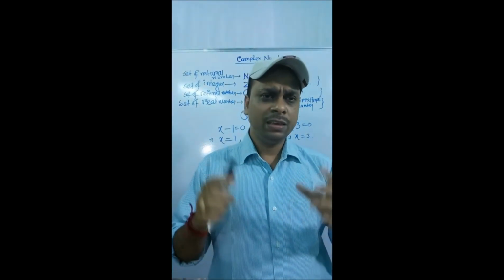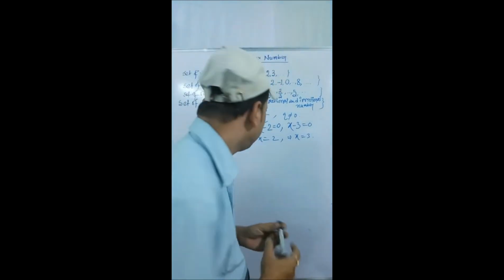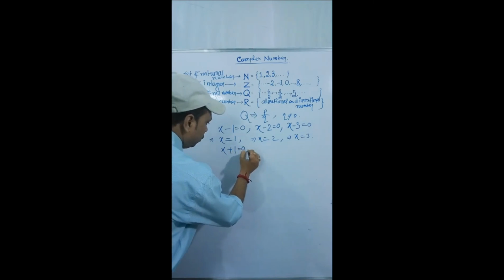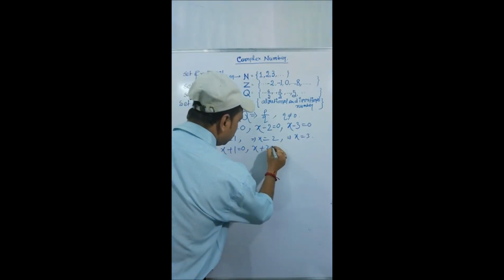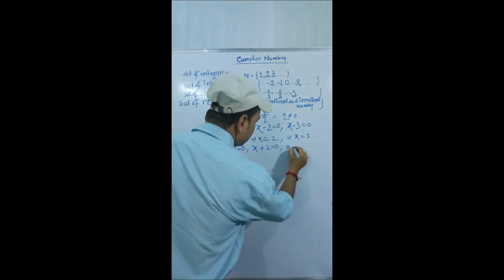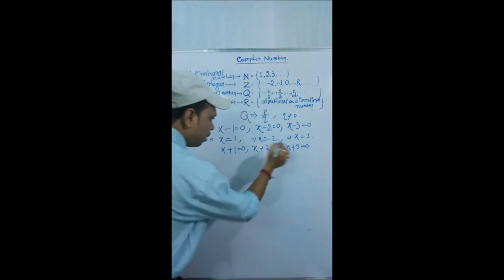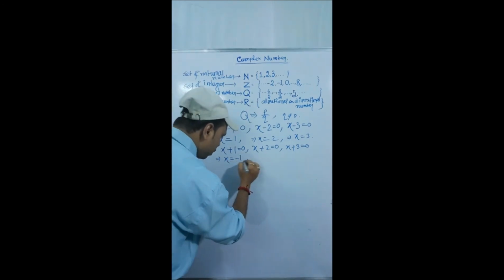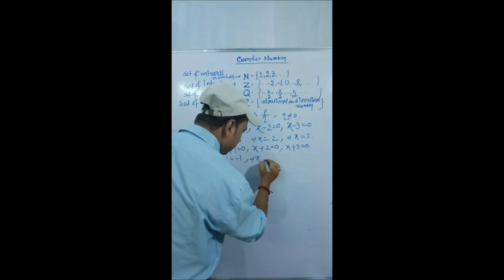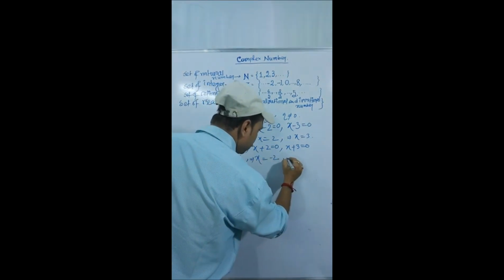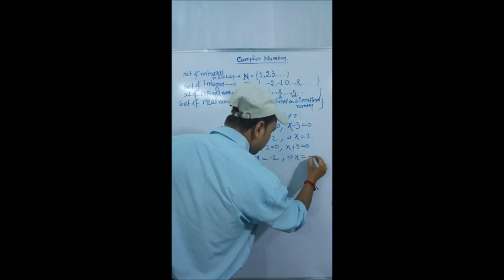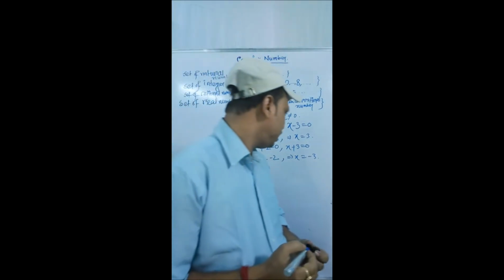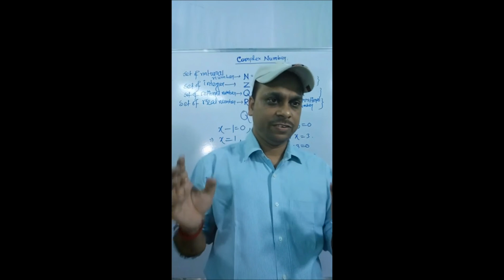Again, when the equations are written as x plus 1 equals 0, x plus 2 equals 0, x plus 3 equals 0, solving them we have x equals -1, x equals -2, and x equals -3.